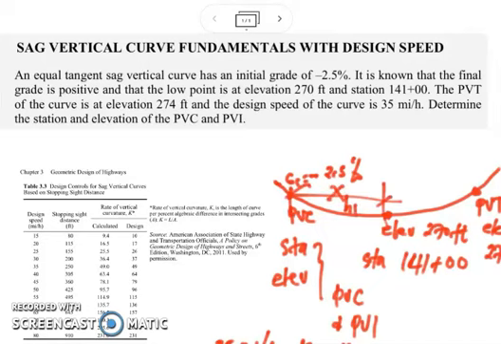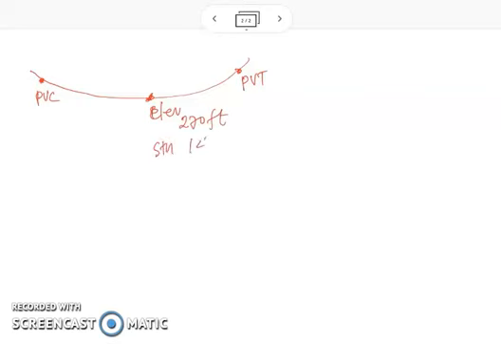So we have the formula for that, to compute the distance for the lowest point, which has an elevation of 270 feet, station at 141 plus 00.